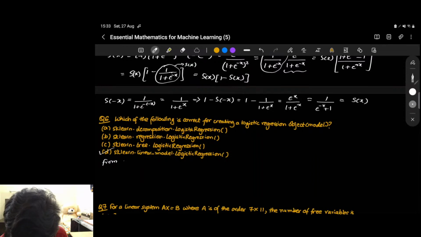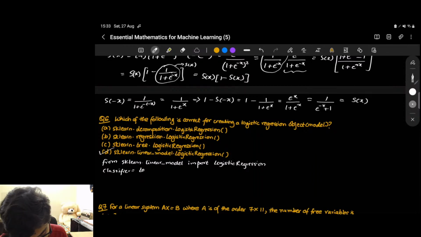In the lectures, you would see how to implement this. So briefly, I'm just writing down very simple code, 3-4 lines. Then we will create a classifier of this logistic regression.